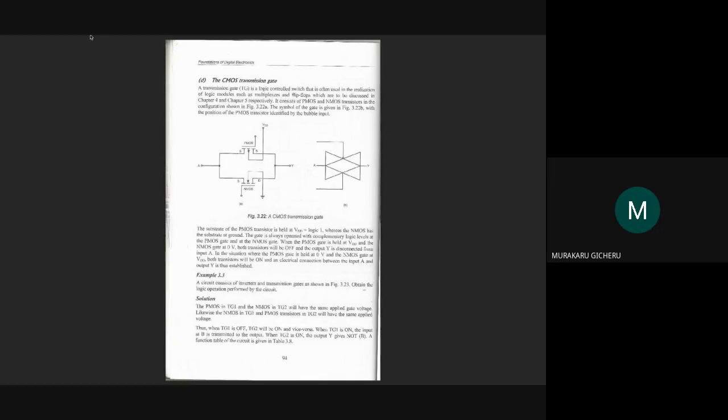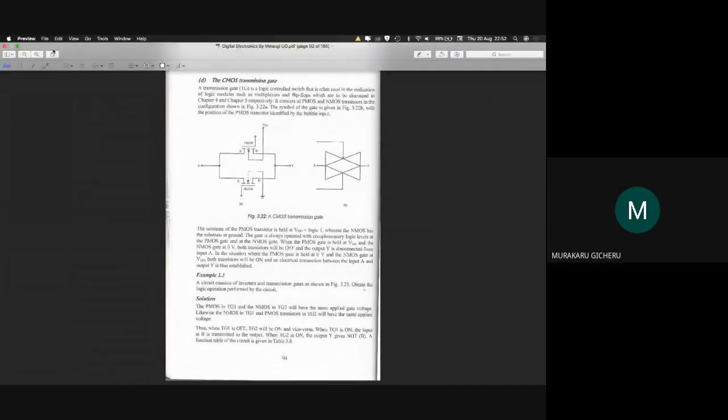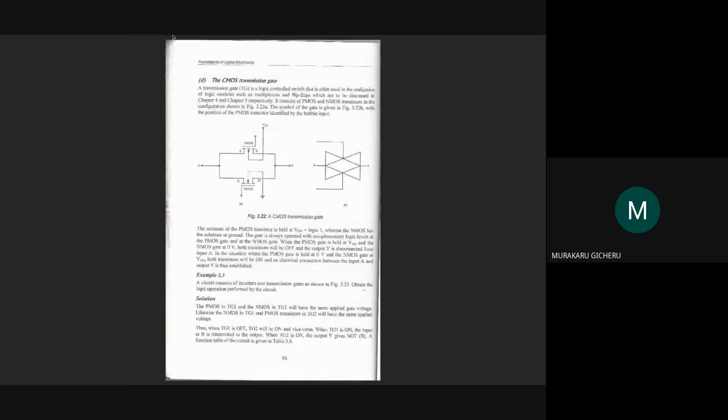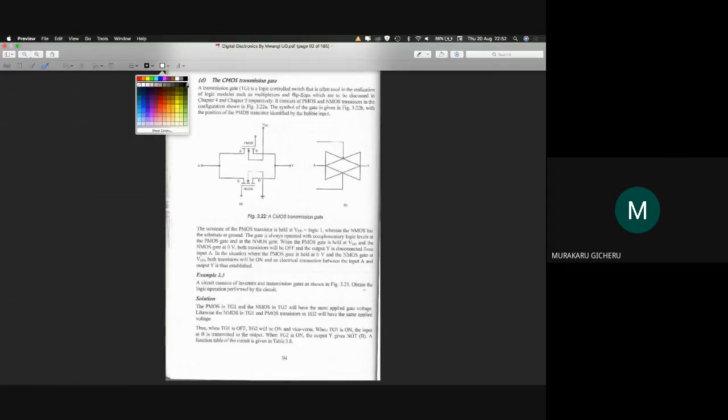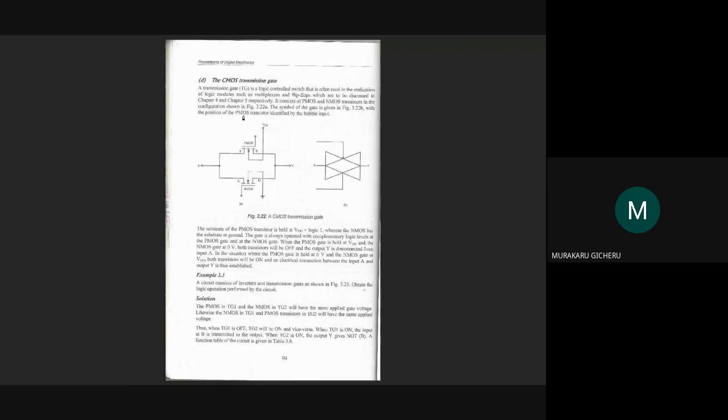So this is what is going on here. That's what we're looking at.